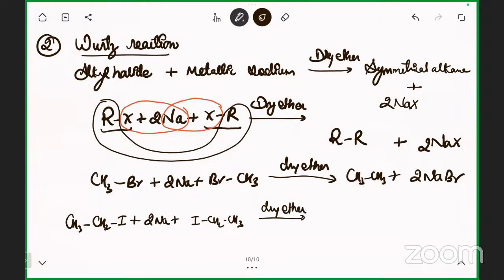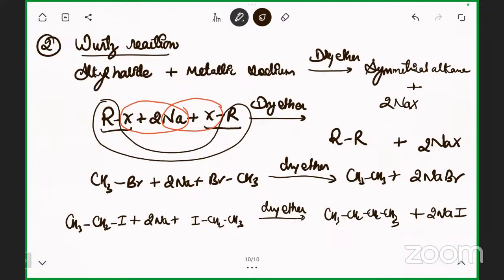Tell me the product. CH3CH2CH2CH3 plus 2NaI. Got it? Any problem in this Wurtz reaction?